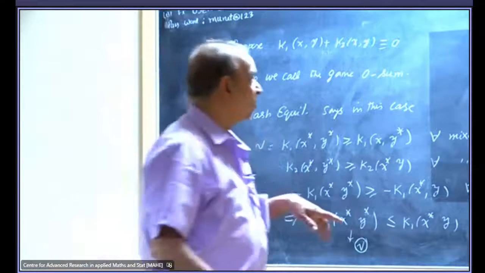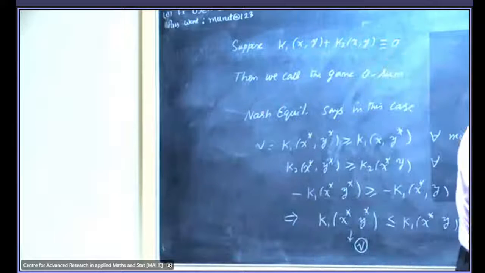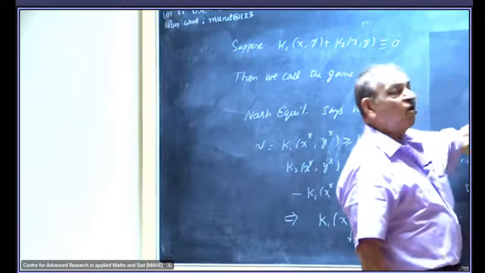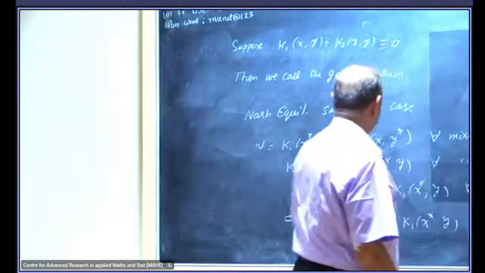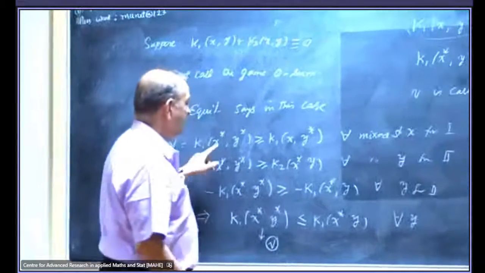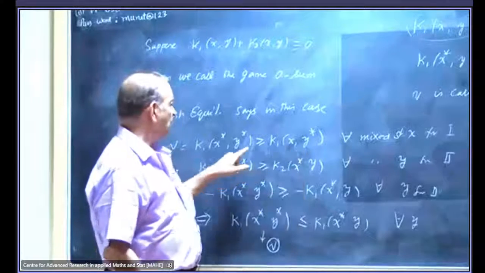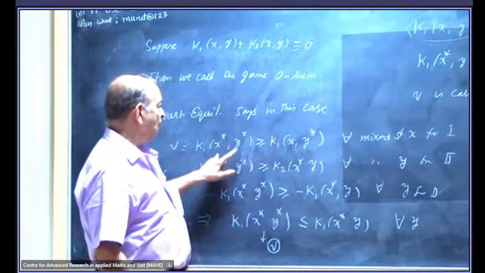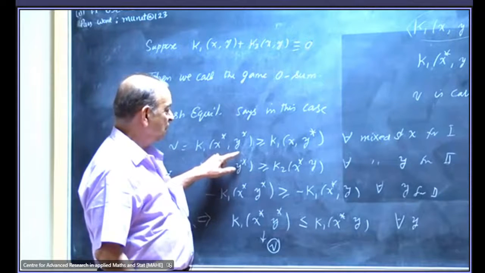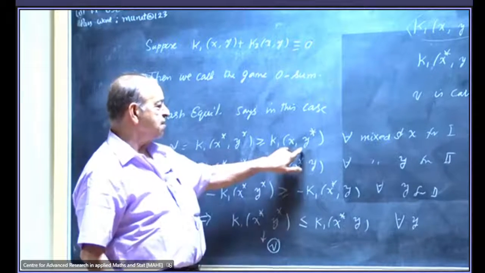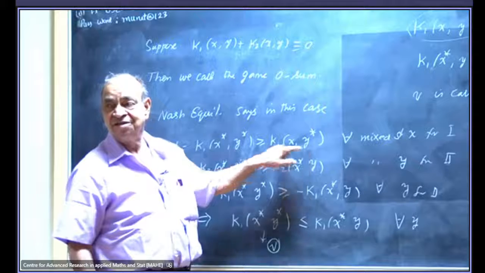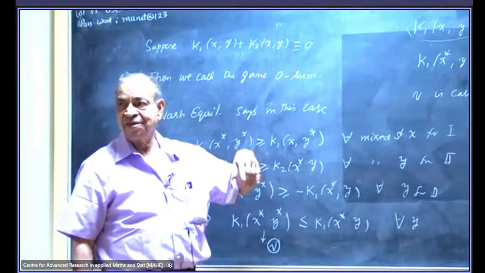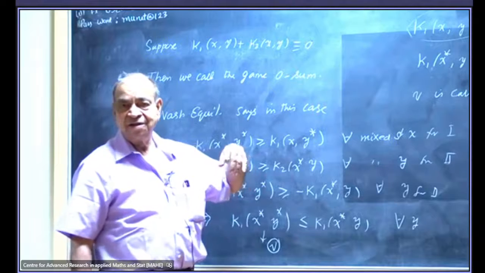No, this is for all X, and this is for all Y. In the Nash equilibrium also, when the other person fixes Y star, X star guarantees the best for him against any other X. For all mixed X. Sir, what is the meaning of that mixed?